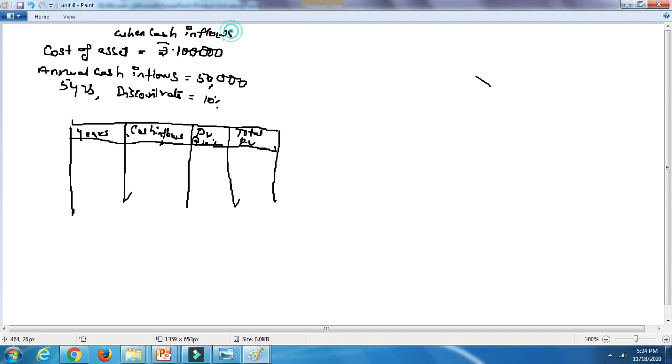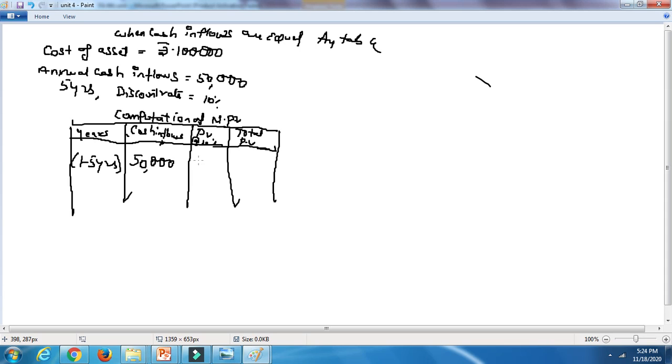So this is the computation of NPV that you are going to write down. For years 1 to 5, the amount is 50,000. Now for PV at 10%, check the A4 table: in the 5th year row and 10% column you get 3.791.